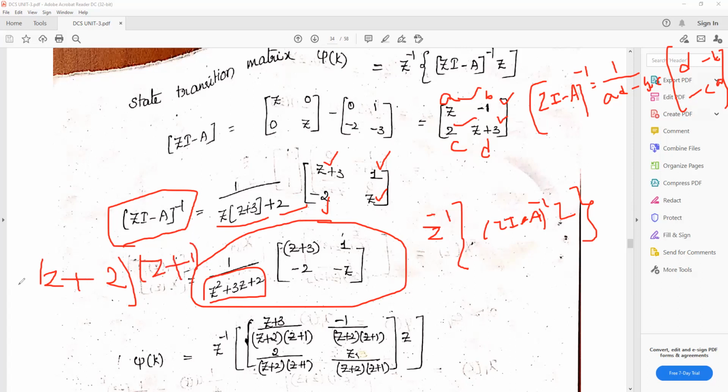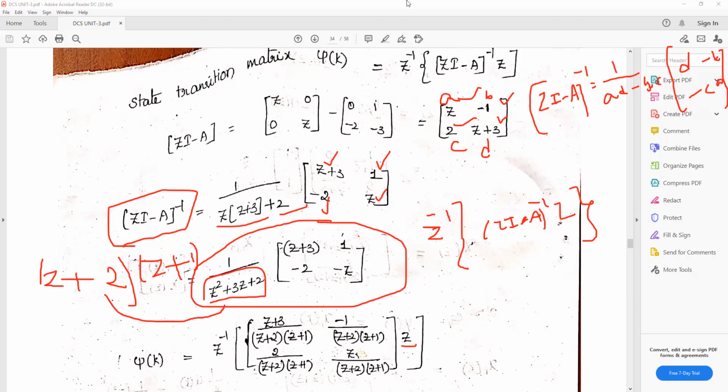So the matrix is [z plus 3 by (z plus 2)(z plus 1), 1 by (z plus 2)(z plus 1); minus 2 by (z plus 2)(z plus 1), z by (z plus 2)(z plus 1)] into Z.